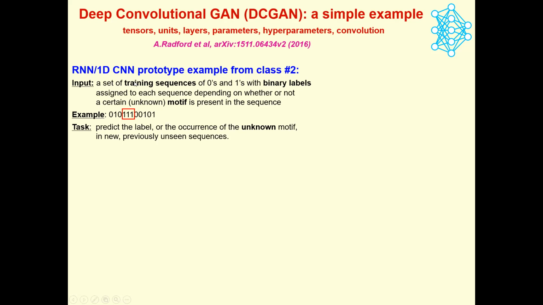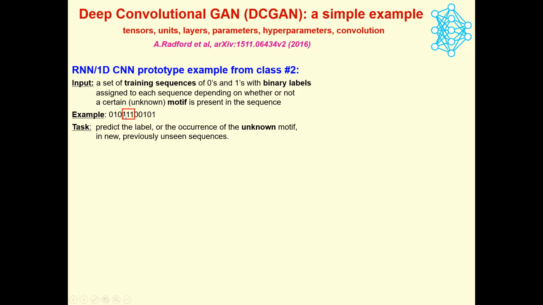In class number 2, one of the examples, the motif detection example, was as follows. We generated randomly a set of sequences of zeros and ones, and assigned to each sequence a binary label, also 0 or 1. And the label was 1 or 0, depending on whether or not a certain predefined motif was present in the sequence.